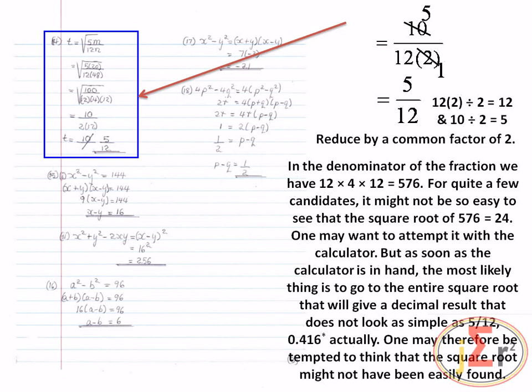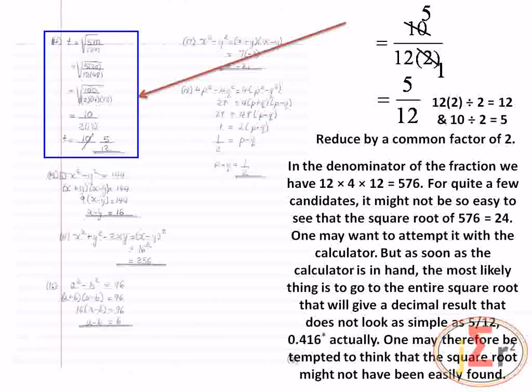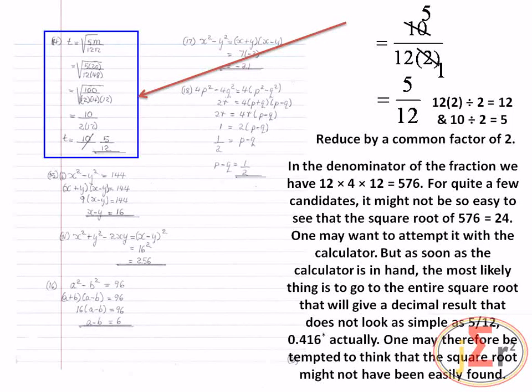One may want to attempt it with the calculator, but as soon as the calculator is in hand, the most likely thing is to go to the entire square root. That will give a decimal result that does not look as simple as 5/12. As a matter of fact, the decimal equivalent of 5/12 is 0.416 with the 6 recurring.